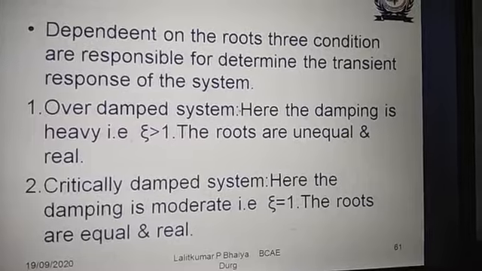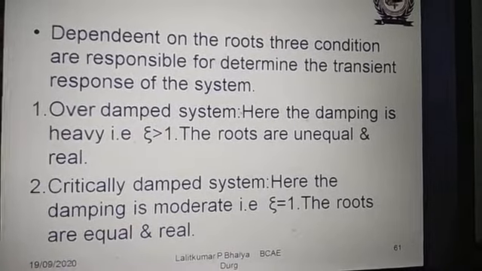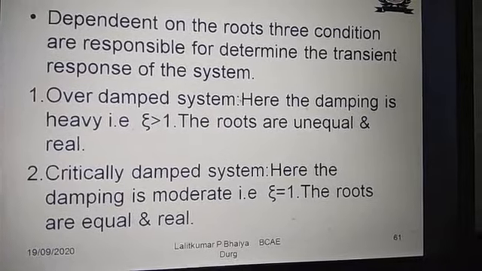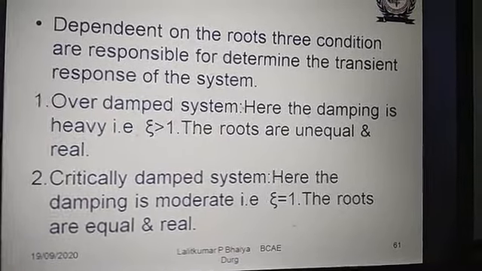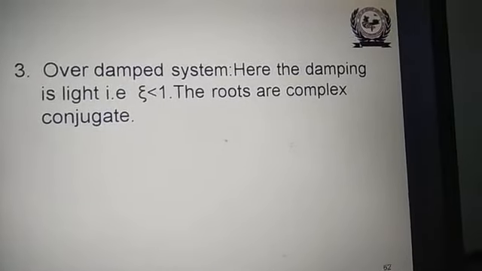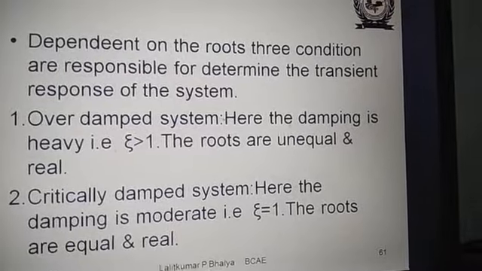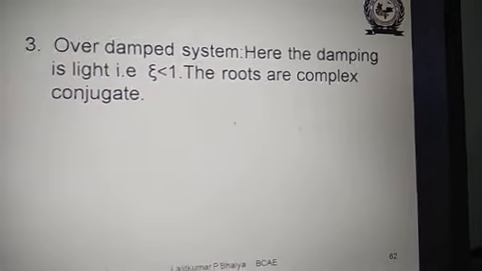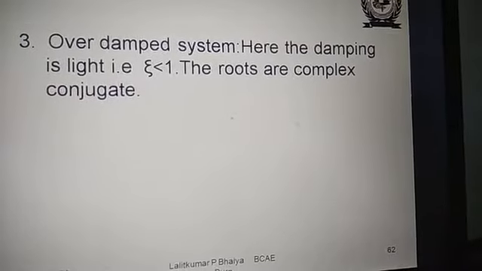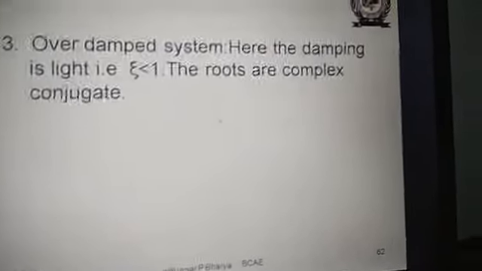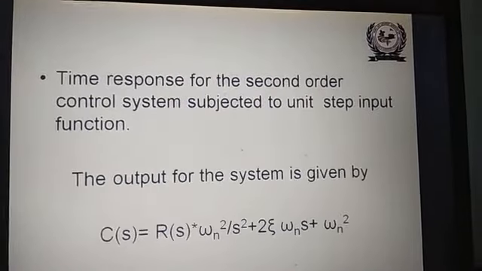One is the overdamped system, where zeta, the damping factor, is greater than 1. Critically damped system, where zeta is equal to 1. And the underdamped system, where the damping factor zeta is less than 1. So these are three possibilities in second order control systems.